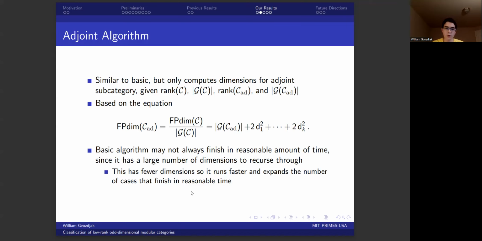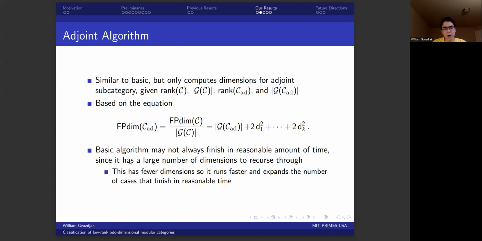So one way that we tried to tackle this problem was by introducing this new algorithm called the adjoint algorithm. And the adjoint algorithm was very, very similar to our basic algorithm, but it was different because it only computed dimensions for simple objects inside of the adjoint subcategory.